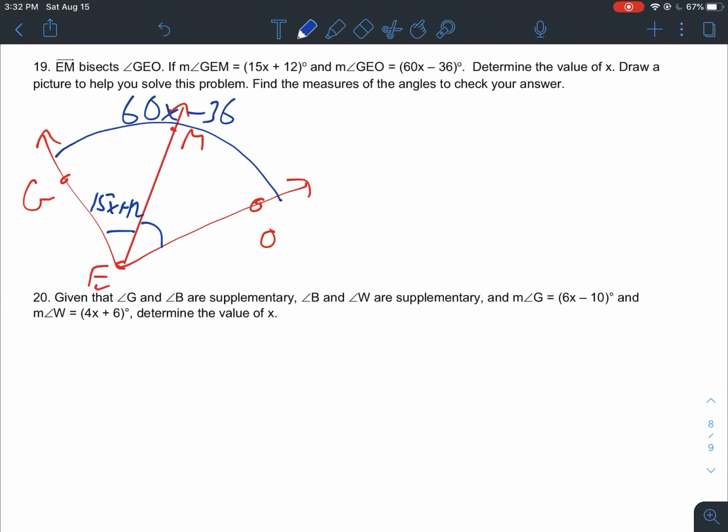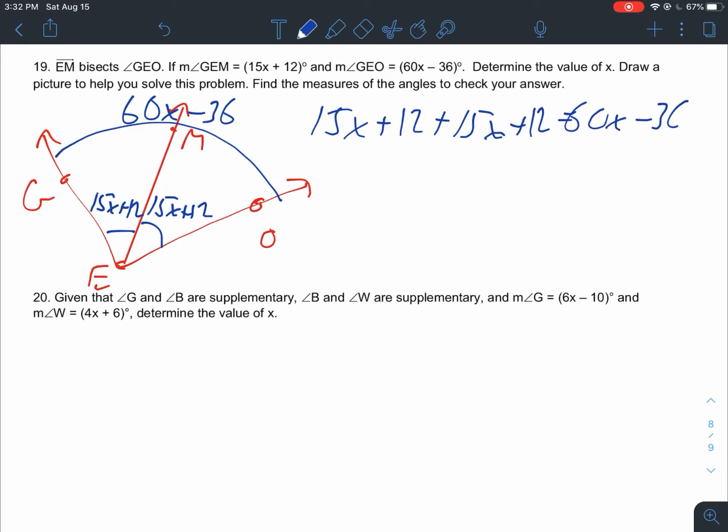So we do not want to set those two equal to each other, but what we want to do instead is put another 15x plus 12 right here. And then we can do little angle plus little angle equals big angle. Combine like terms.